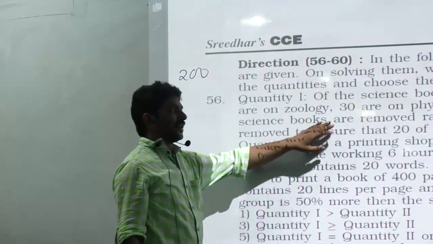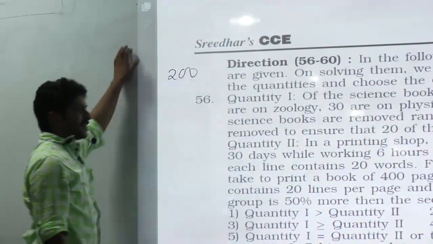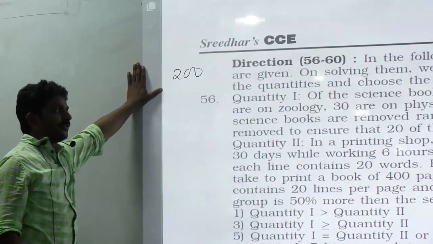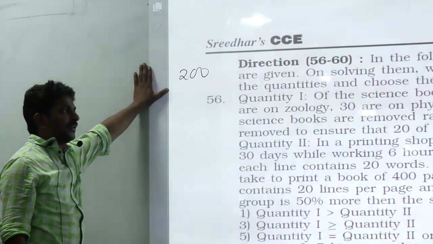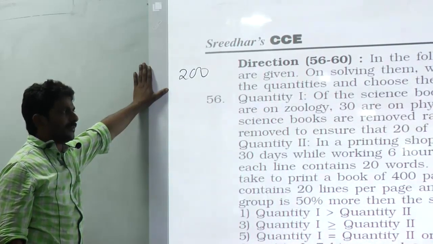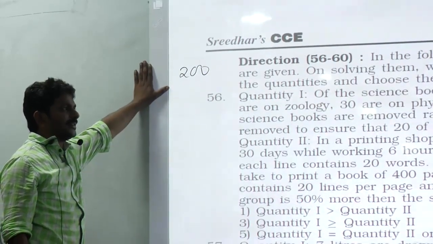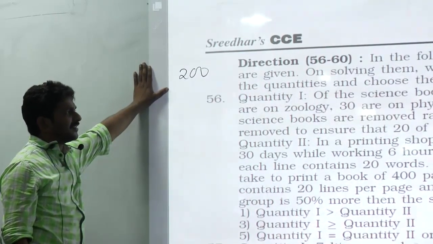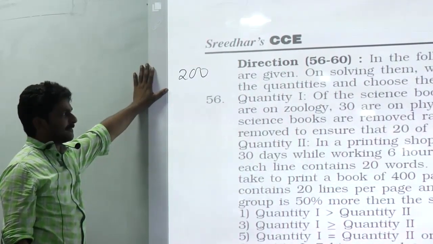If science books are removed randomly from the supply room, how many must be removed to ensure that 20 of the books removed are on the same science subject? What is this?